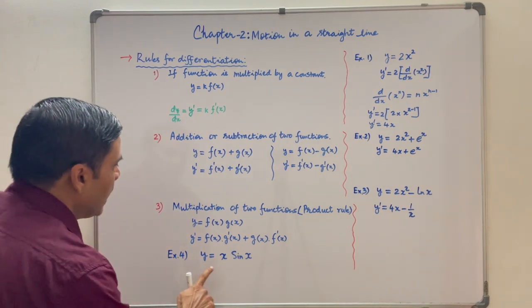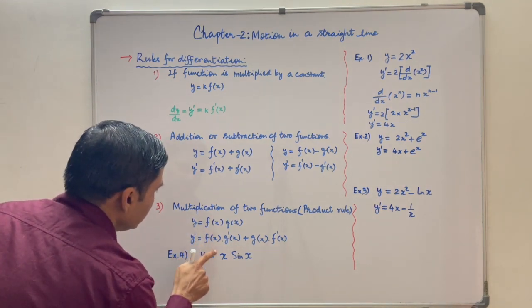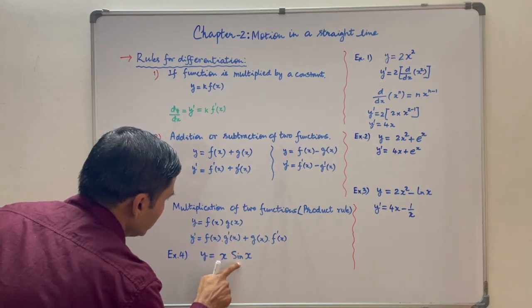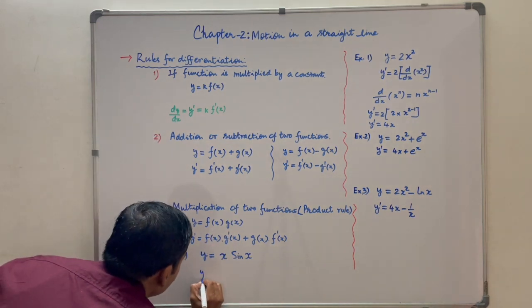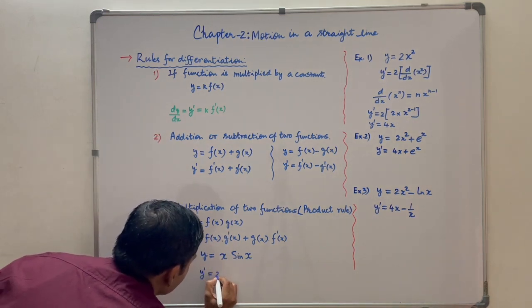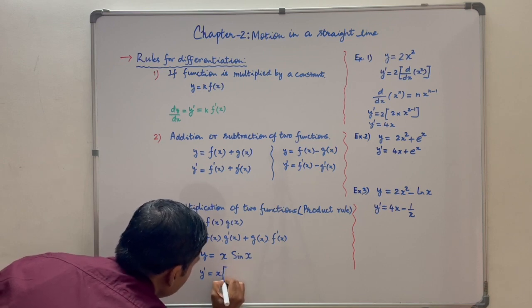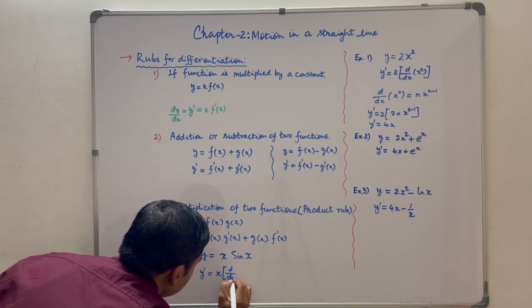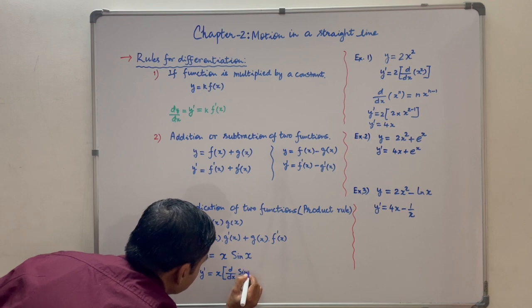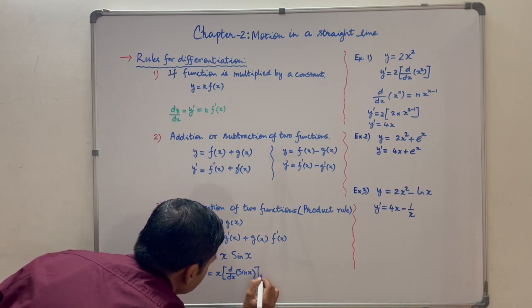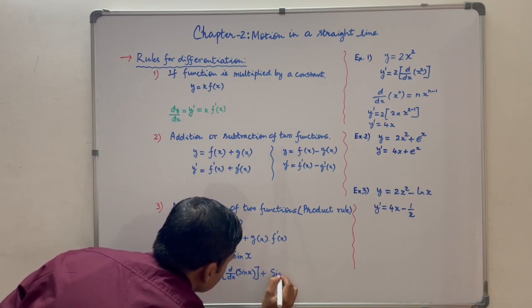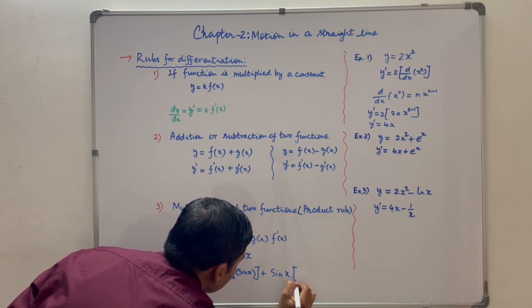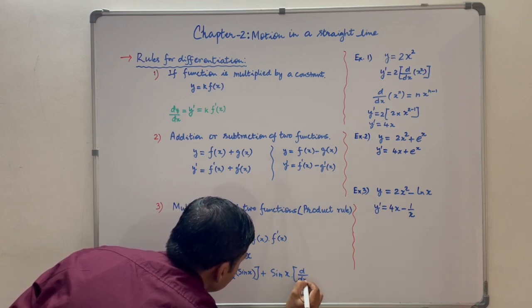Y is equal to x sine x. So fx is equal to x, gx is equal to sine x. So y dash will be equal to first function x into derivative of second function, d by dx of sine x, plus second function sine x into derivative of first function, d by dx of x.